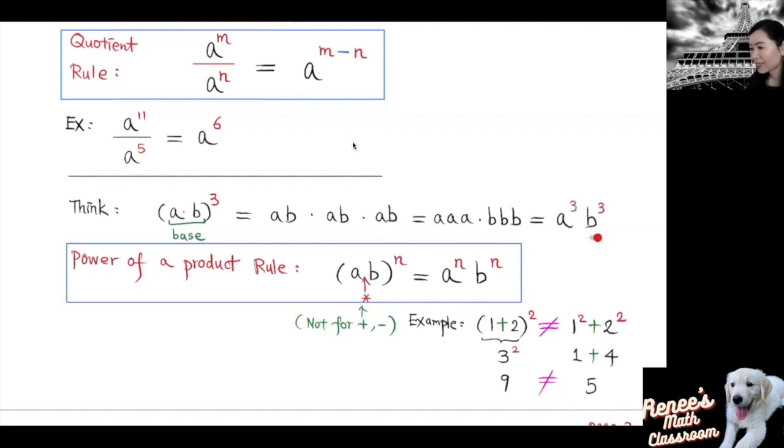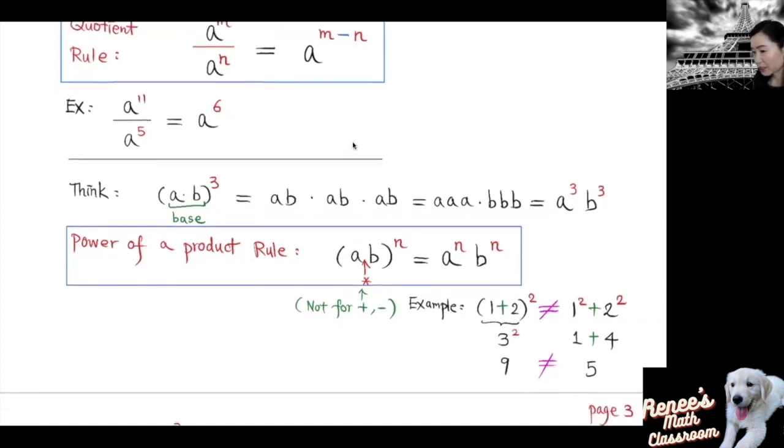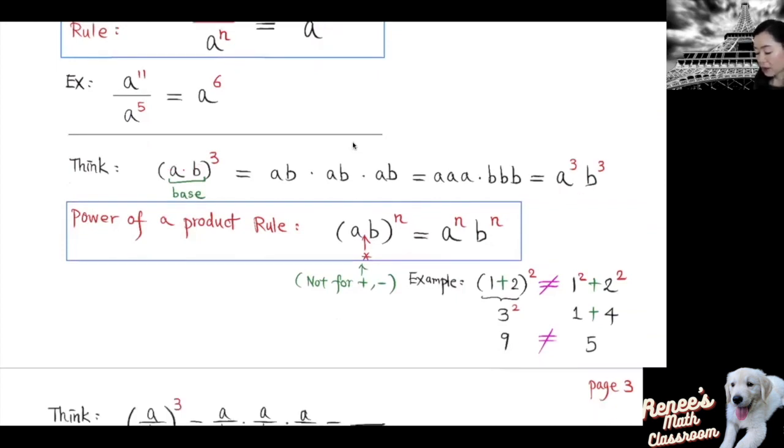In the future, we can go straight from here to here. When you have a product inside, this exponent applies to each factor. So you get a cubed times b cubed. This is called the power of a product rule, okay?